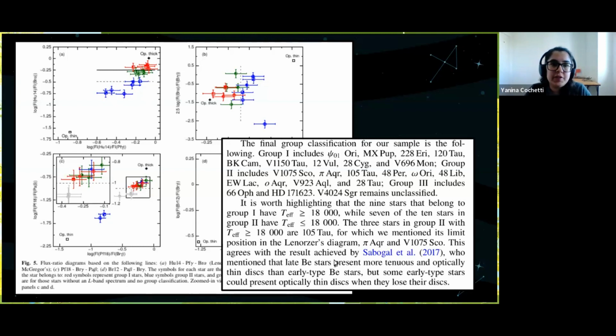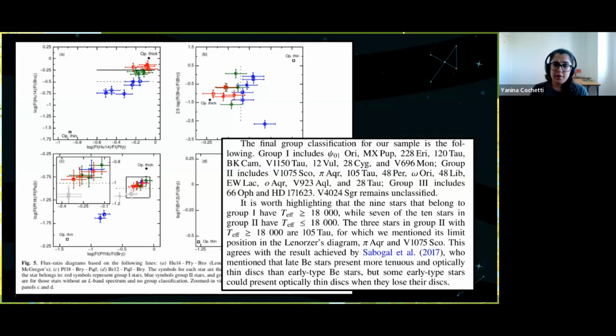This difference in temperatures agrees with previous results, because it was mentioned by Sabogal that late Be stars present disks that are more tenuous and optically thin than early B-type stars.